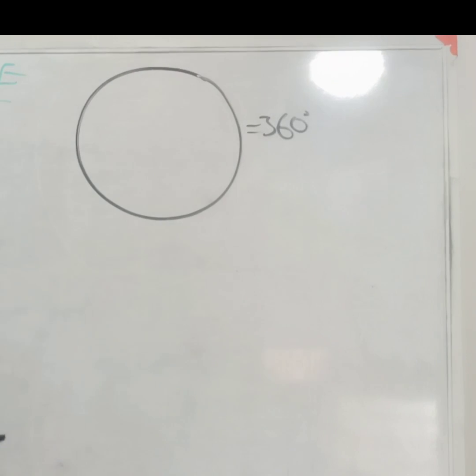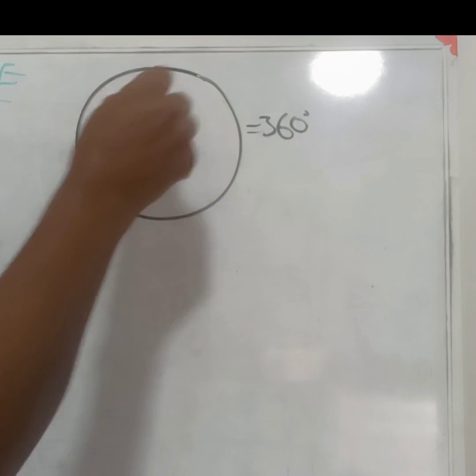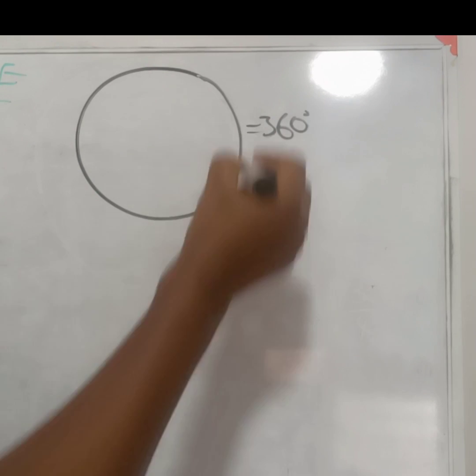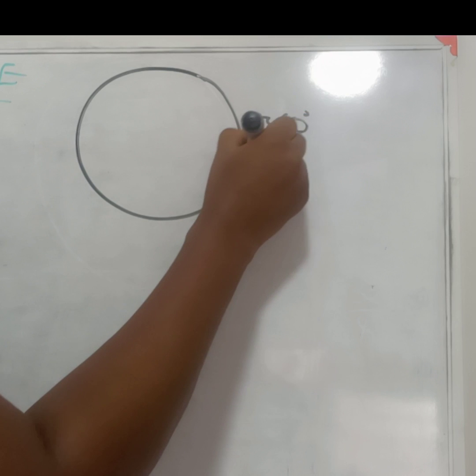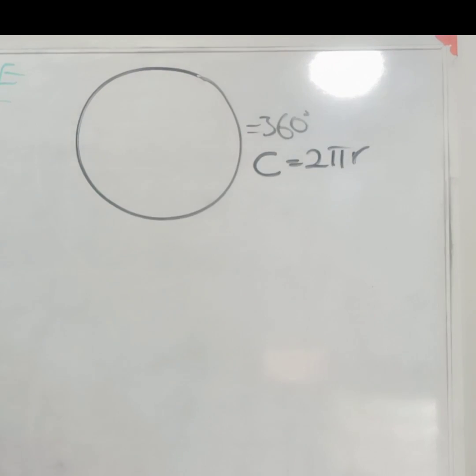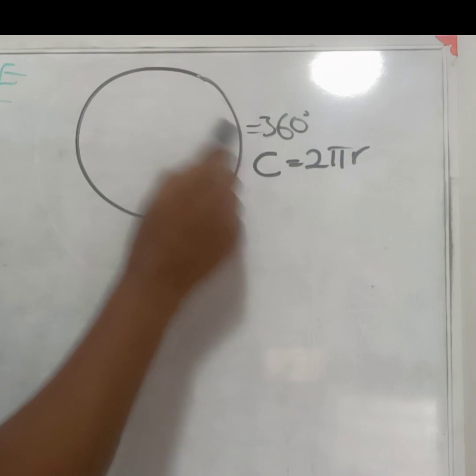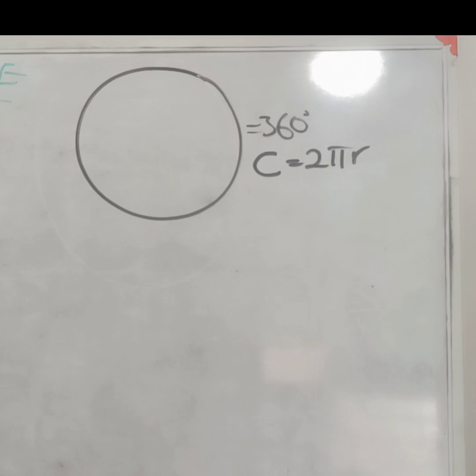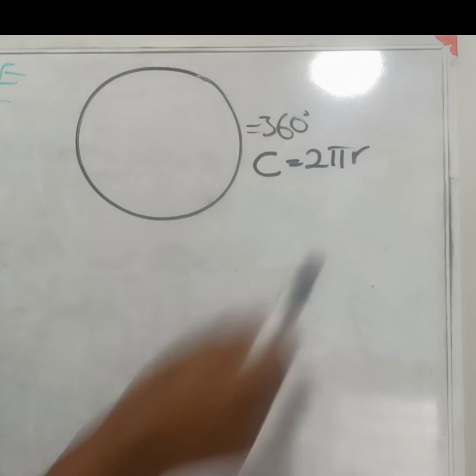all around, and for this 360 degrees, there is a formula for calculating a circle's circumference, and that formula is: circumference is equal to 2 pi r. Okay, C is the circumference, pi is a constant, and then we are left to calculate for r.